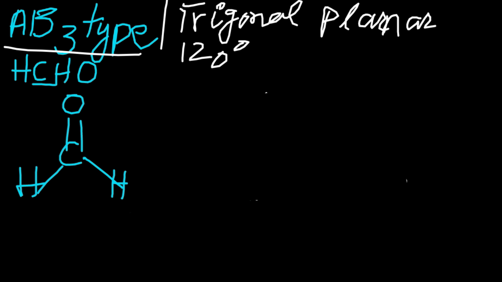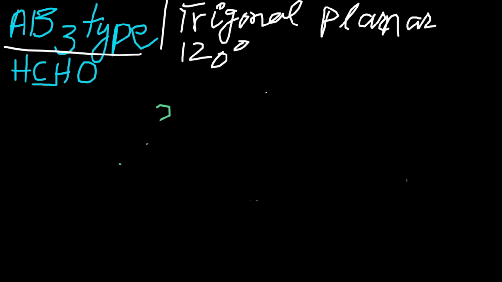So carbon is utilizing all of its 4 valence electrons, resulting in a geometry known as trigonal planar, and their bond angle is 120 degrees.